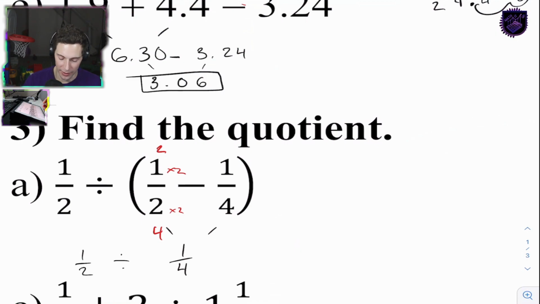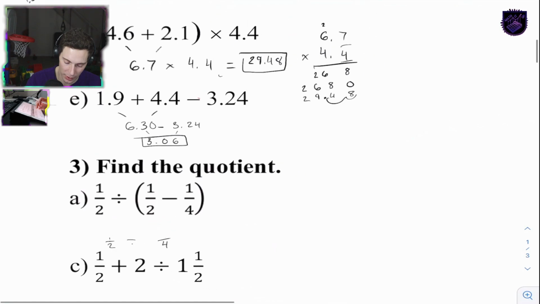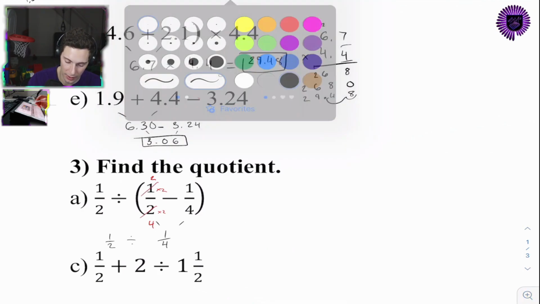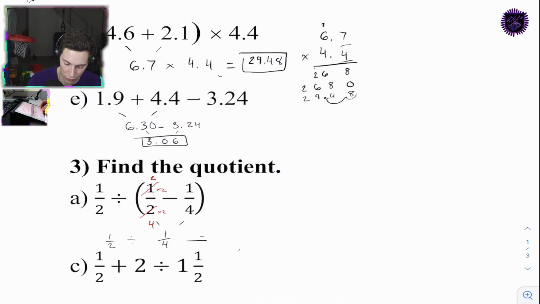Let's humor this out here and do the keep flip change like we've learned. So we're going to rewrite. I'm running out of space here. Let's rewrite it as 1/2 times 4 over 1, right?